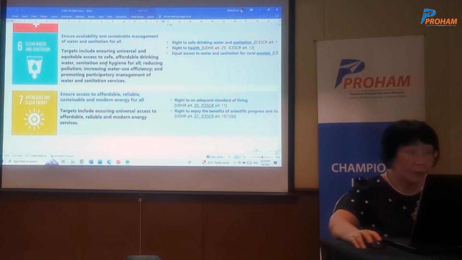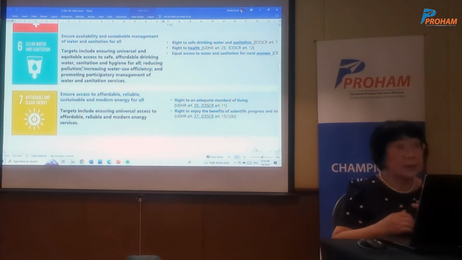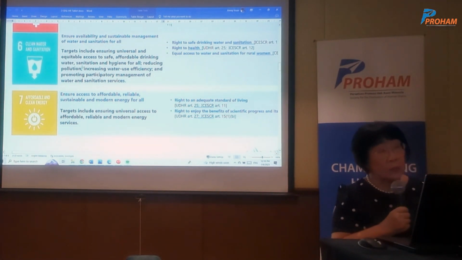I think Malaysia has a very good water supply network, except for Kelantan and Sabah. And of course, we need to increase water use efficiency. Please don't waste water. And the other thing is non-revenue water.